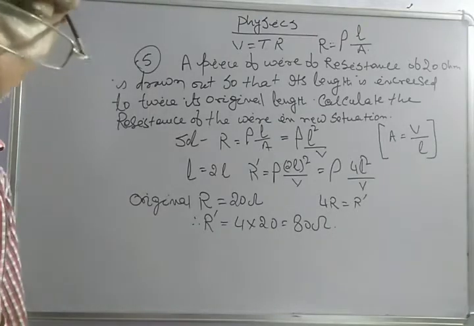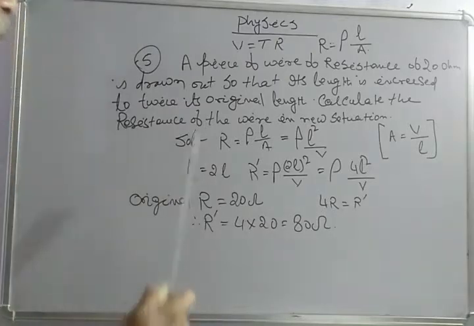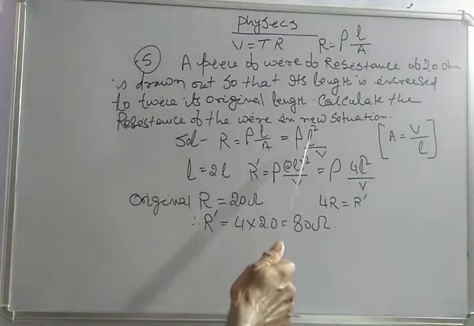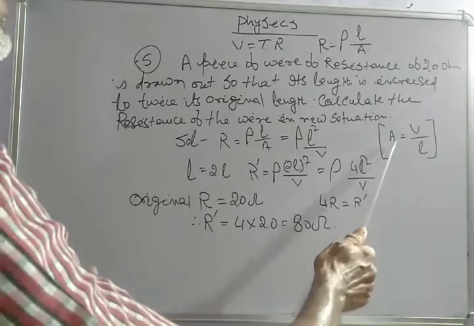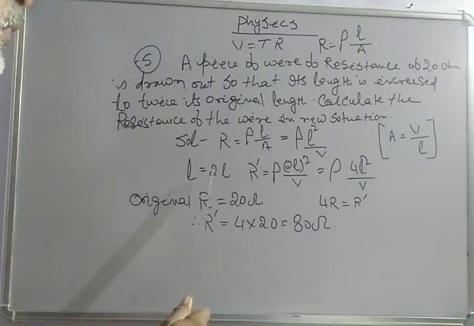Again I am repeating. Resistance is equal to rho into L by A, that is equal to rho L square by V, because area is equal to volume by length. Now in the second case, L is equal to 2L.